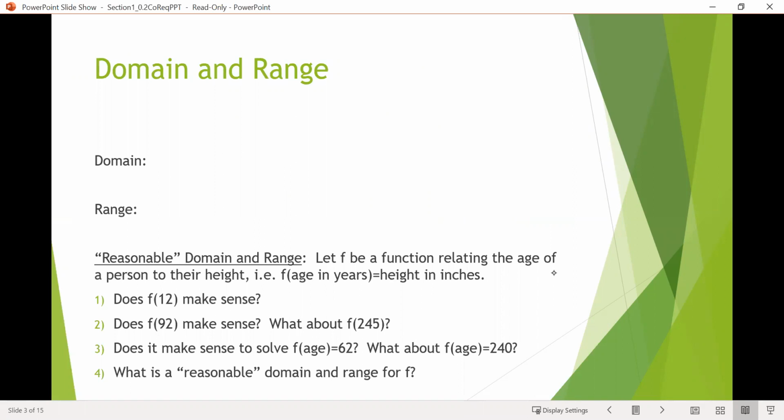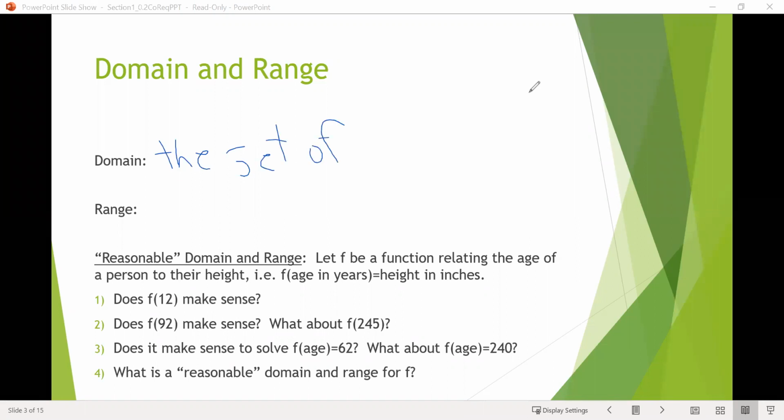Now normally if we're in class I would ask you guys to help me brainstorm, but unfortunately I don't have that opportunity right now. So I will just tell you then, the domain of a function is the set of all possible inputs to a function.